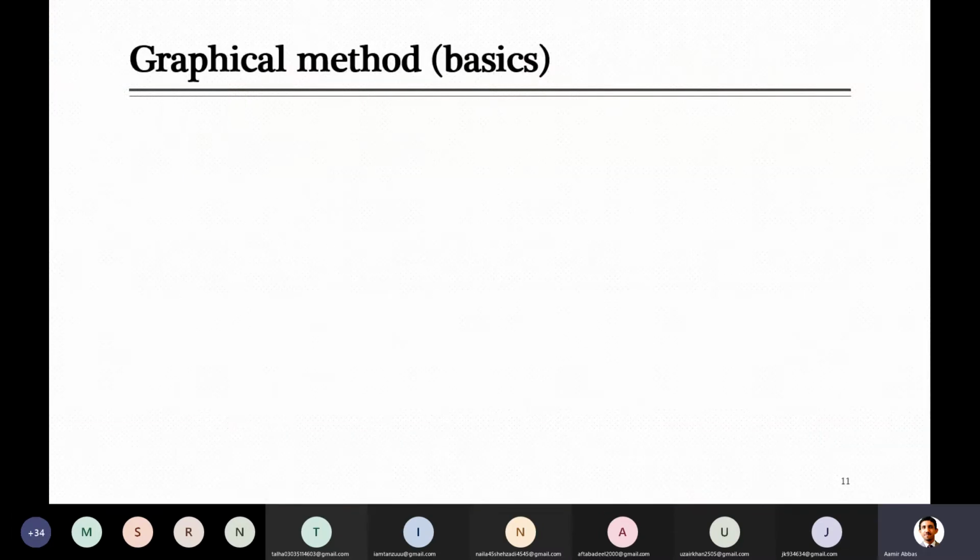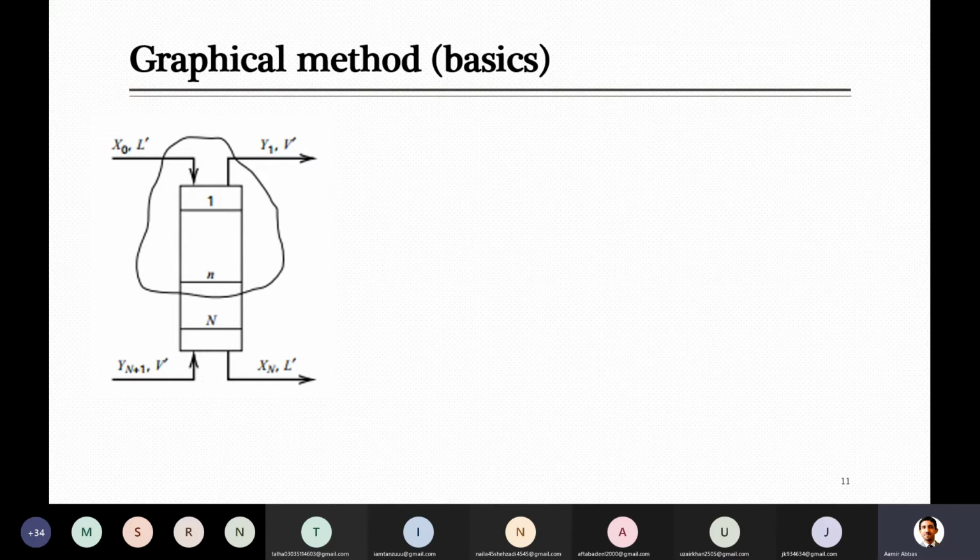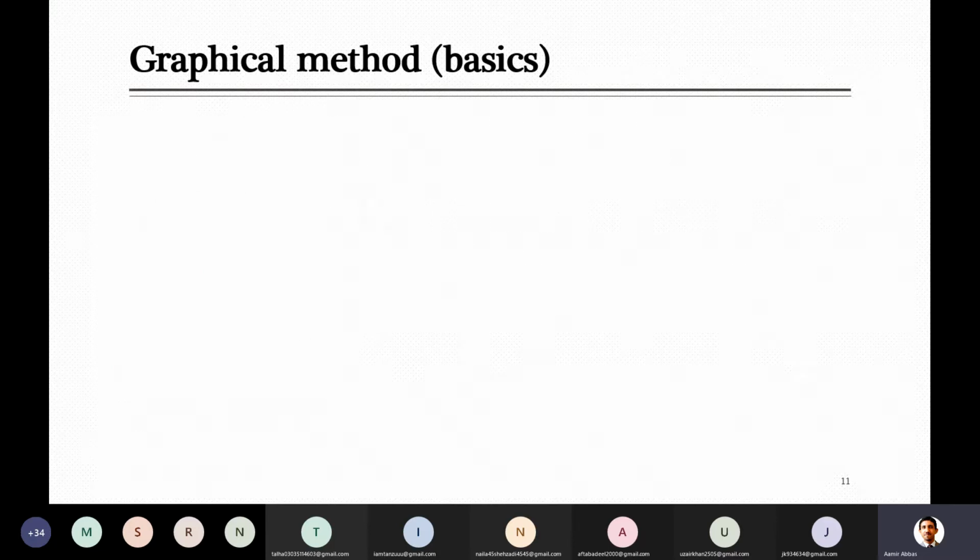This method is called the graphical method. Before I start here, we will discuss some of the basic terminologies which we will be using while deriving equations in this method. I think you studied the distillation column design, and you know the method called the McCabe-Thiele method for the design of distillation column.